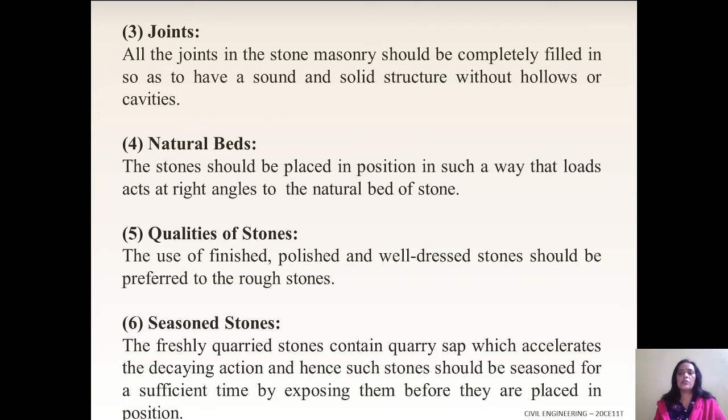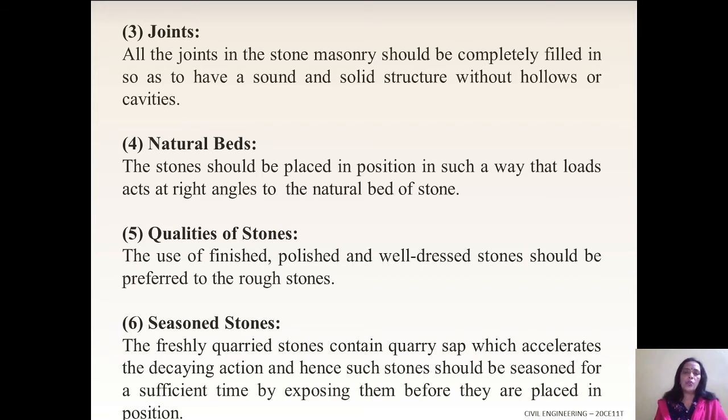That should be done when the stones are taken from the quarries. It has sap inside it, so it has to be well seasoned and well dressed in order to maintain its appearance as well as its properties and strength. The seasoning and the quality of stones is very much essential.